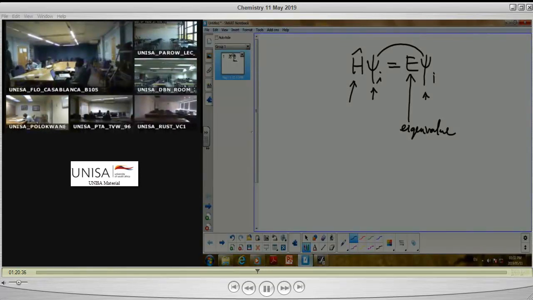If it is energy, you use this one. You use the Hamiltonian. You subject that wave function to the Hamiltonian, and the Hamiltonian will give you an eigenvalue and return your wave function as it is.